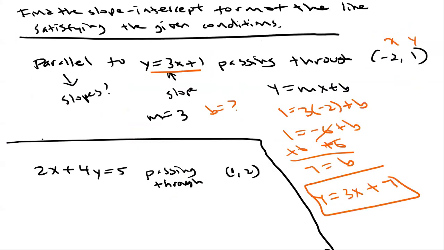And then we talked about this particular problem: find the slope-intercept form of the line satisfying the given conditions. So you have an equation and we want it to be parallel to that equation, but it has to go through this particular point. Okay. So we went through that process. We did this example as well as this example.